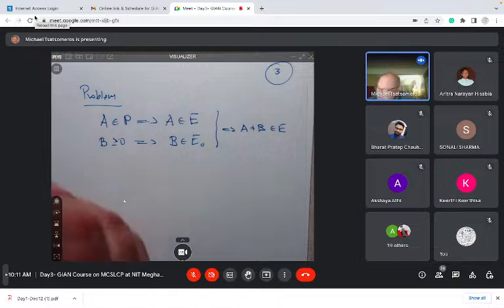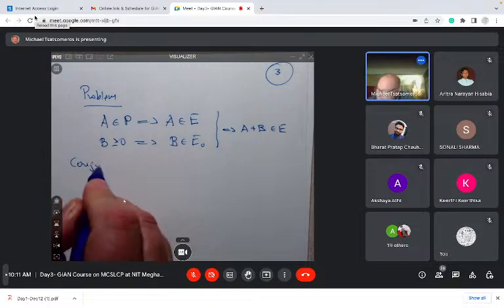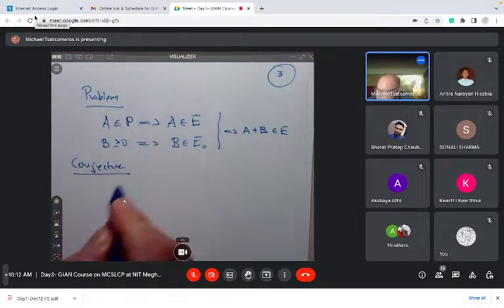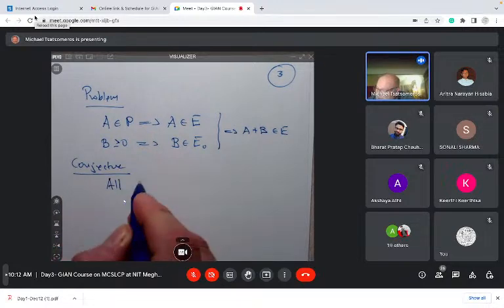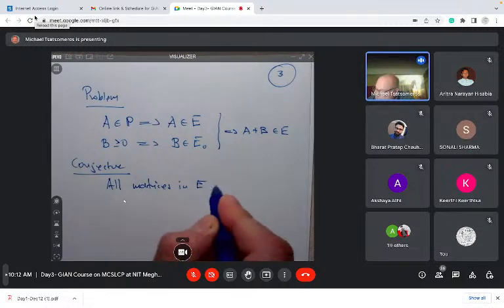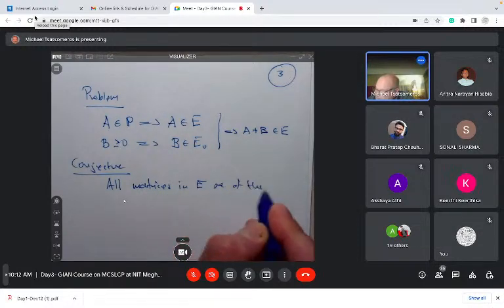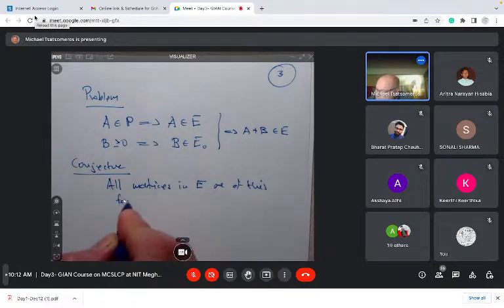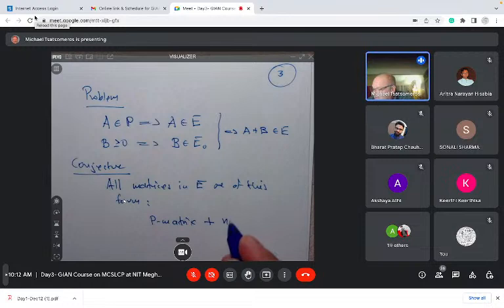So, conjecture: all matrices in E are of this form. In other words, P matrix plus non-negative matrix.